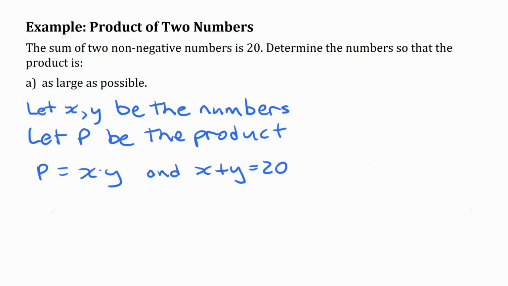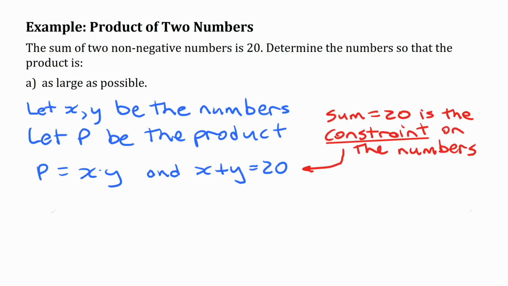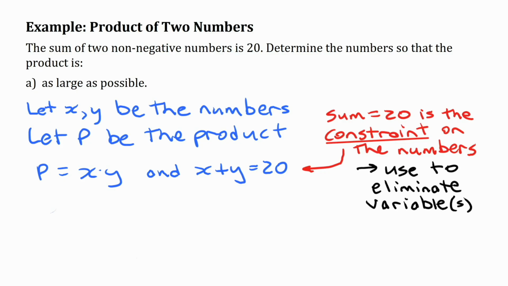Now, that equation right there is going to be called our constraint. The fact that the sum is 20 is going to be called the constraint, and that is what we're going to use, that equation, to eliminate one of the variables in this case. We have three variables here, and we need to produce a function that is one quantity as a function of another quantity.